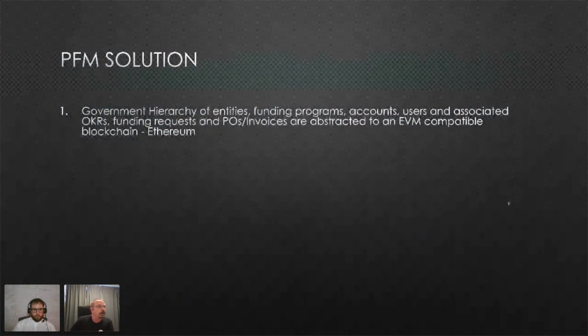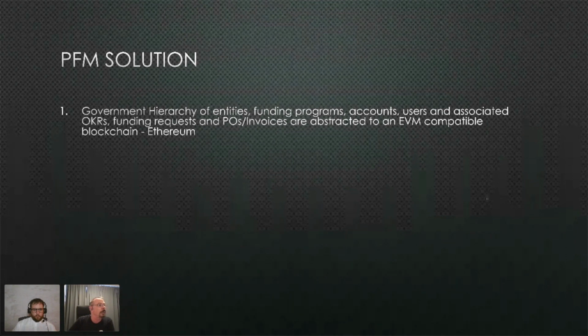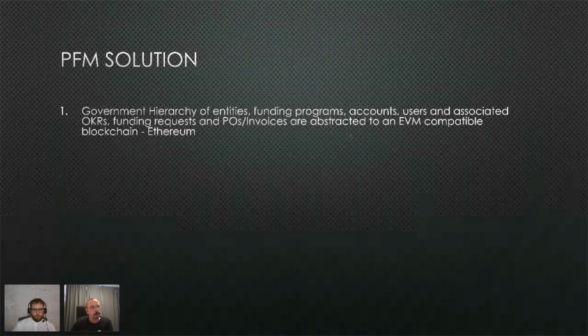So in a nutshell, and again, this is high level, with the hierarchy that we've abstracted onto both the blockchain and an off-chain DB, we get a representation of that hierarchy on the blockchain. Each of these entities will have a smart contract address, likewise the funding programs, the accounts, and the OKRs as well.